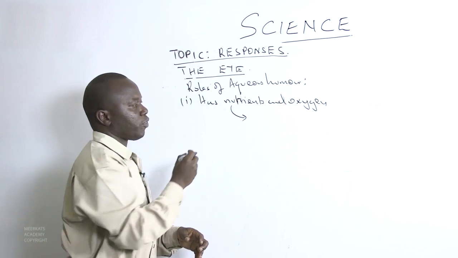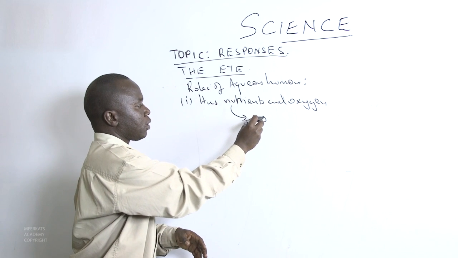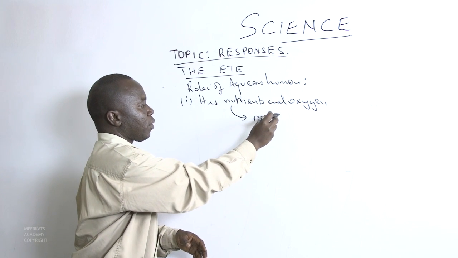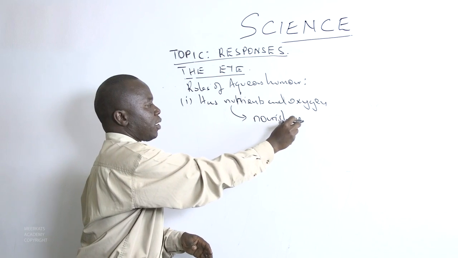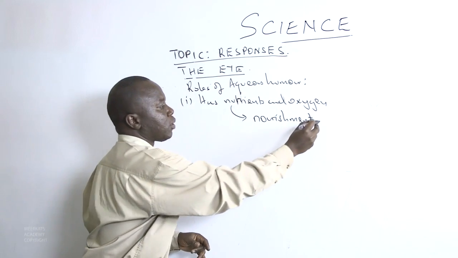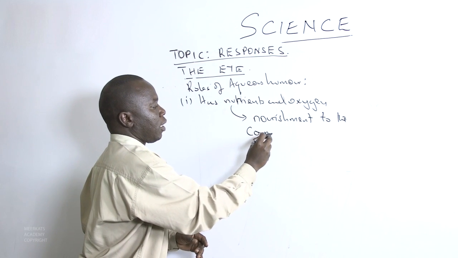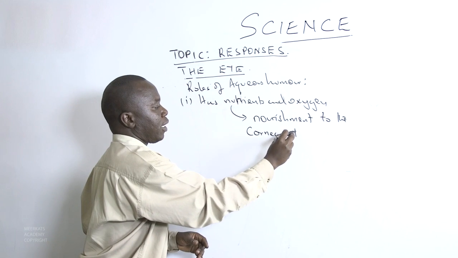So because of the presence of nutrients, it provides nourishment to the cornea and the lens.